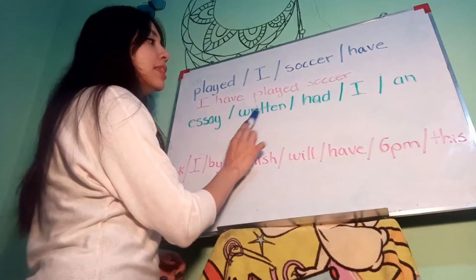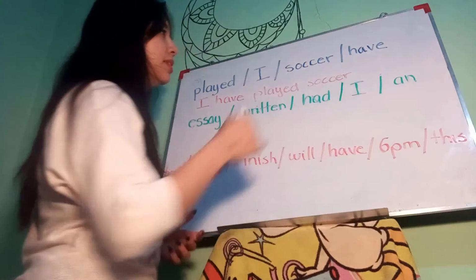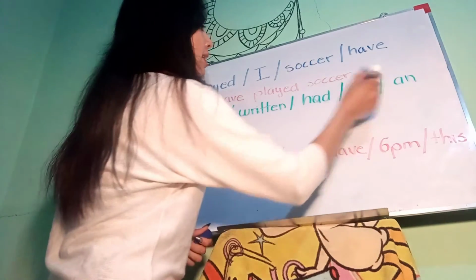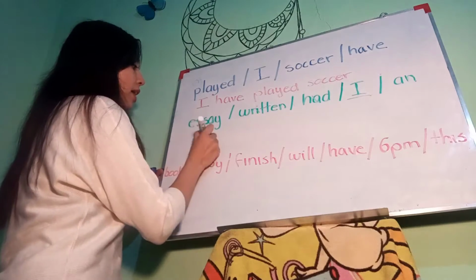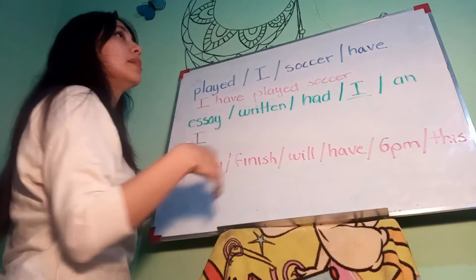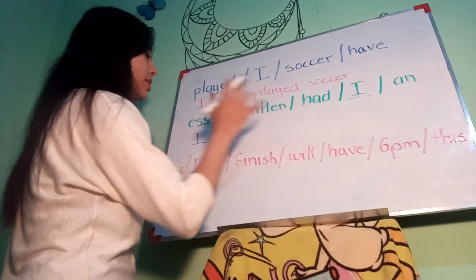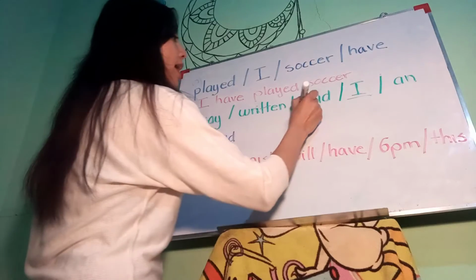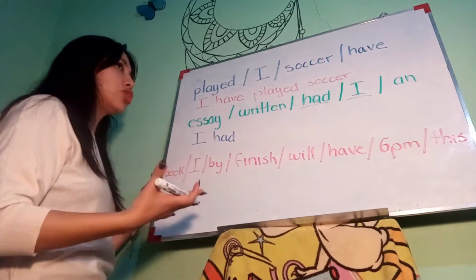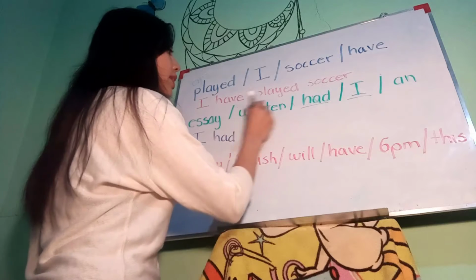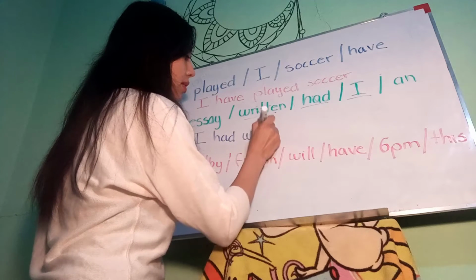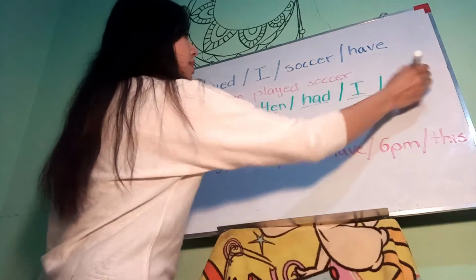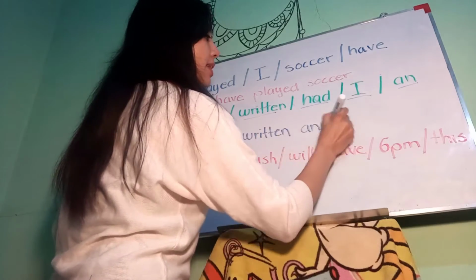The second one: essay, written, have, I, and. What is the correct order? Yes. Again, I need a subject first. I. What is my auxiliary in this sentence? Have. I have, and then the action or the verb, written, and, essay.